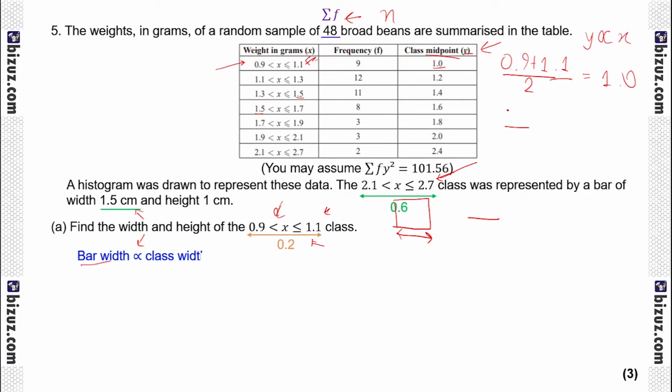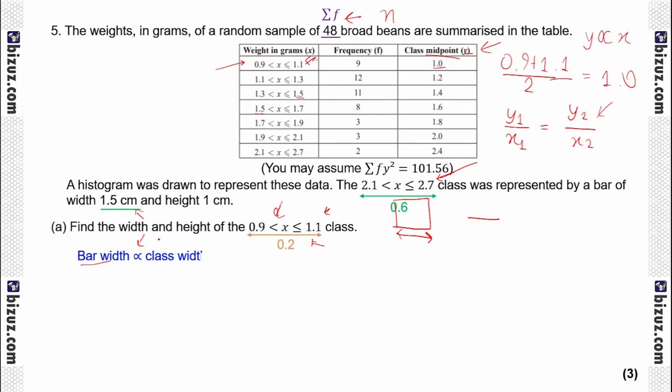The ratio of any value of y with a corresponding value of x is going to be the same as the ratio of the corresponding values of y and x for some other pair. If you choose some other pair and again calculate this ratio y by x, it's going to be the same. This is what direct proportionality implies. We are going to use that here.